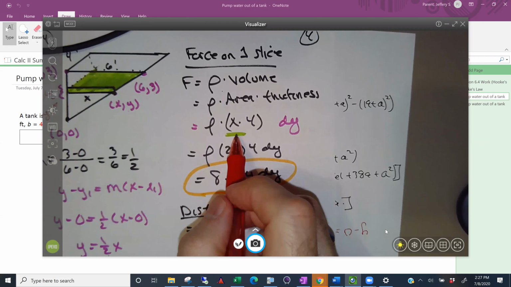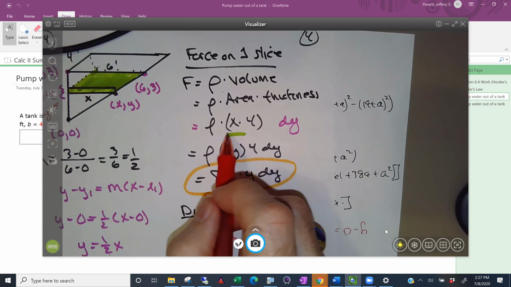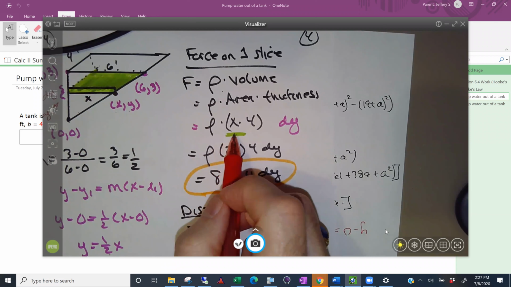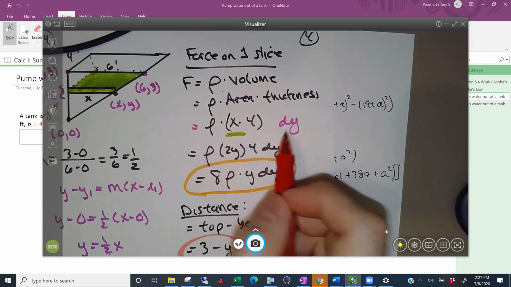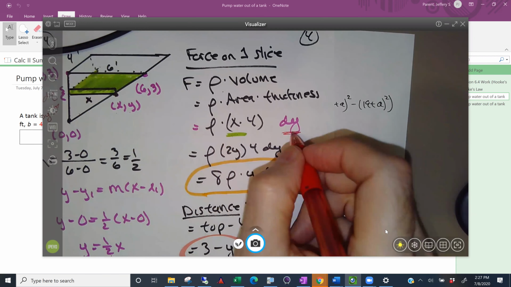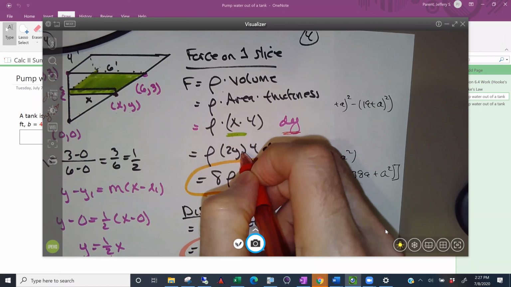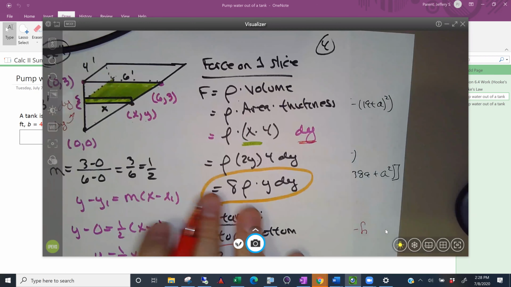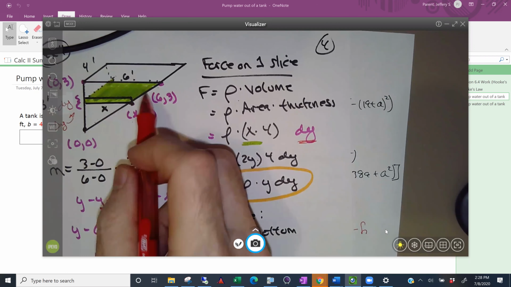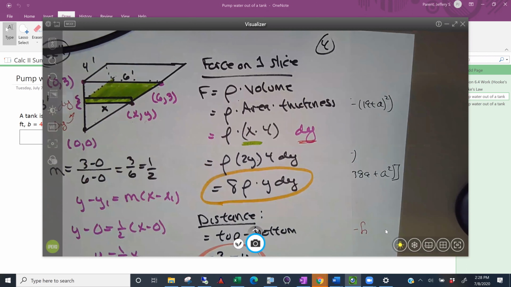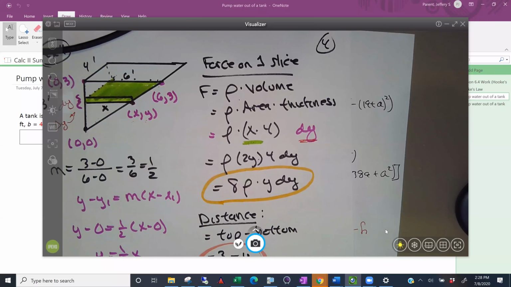Because at one point, I was stuck with a force that involved x's and y's. But I know from experience that I better have it in one variable, and it better be this variable. So I changed over the x to an expression involving y. So that's why I needed the equation of the line there, to have a relationship between those 2 variables. Okay, we'll see that again.